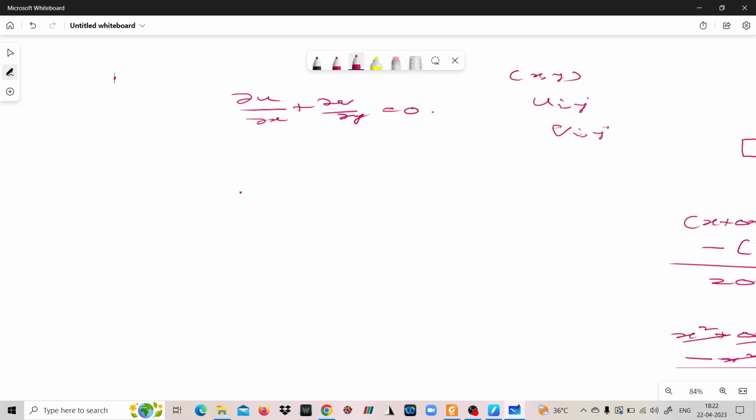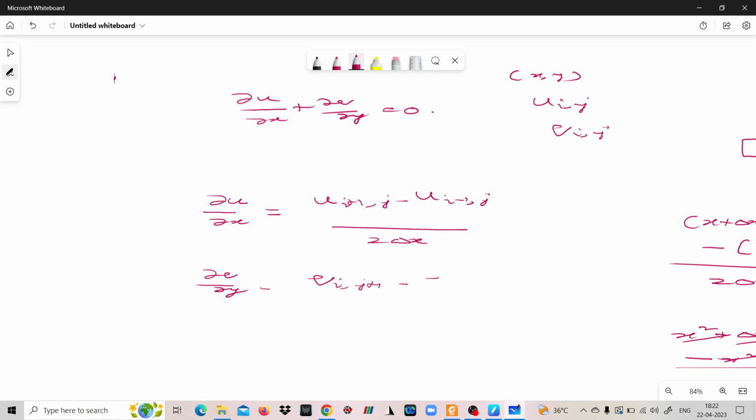Just the exercise we have done right now, we can write directly that del u by del x can be written as u i plus 1 j minus u i minus 1 j divided by twice delta x, and del v by del y can be written as v i j plus 1 minus v i j minus 1 divided by twice delta y.